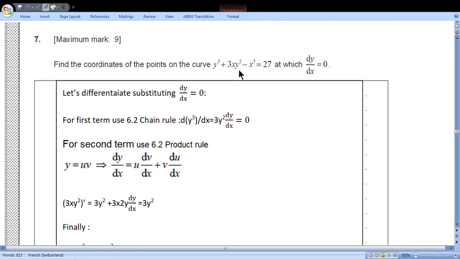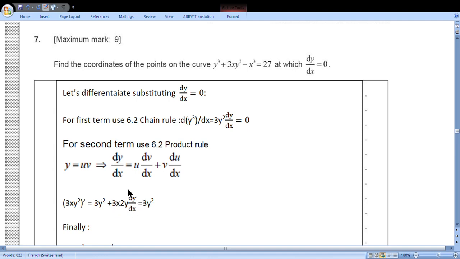For the second term, we use the product rule. The product rule gives us 3y squared when we differentiate by x, plus then we differentiate by y and dy by dx.